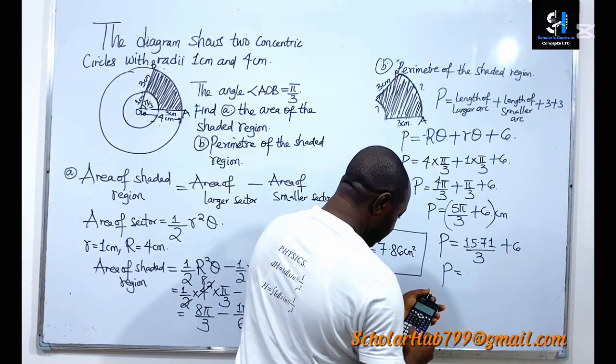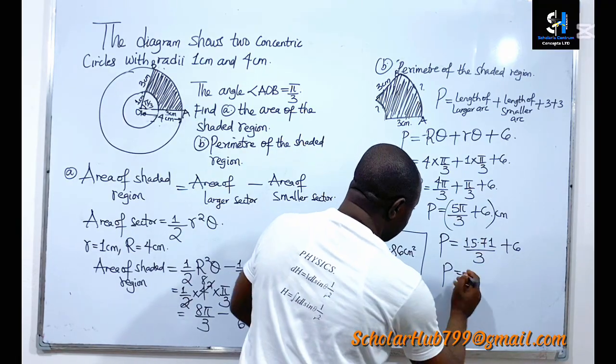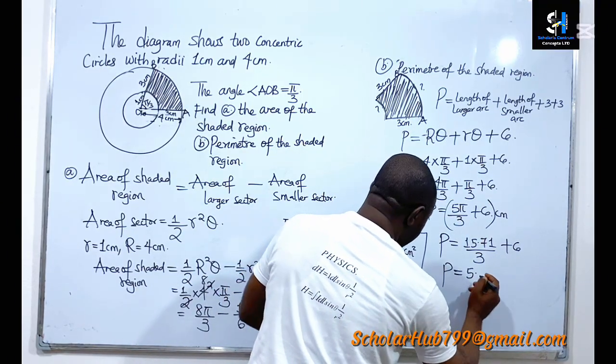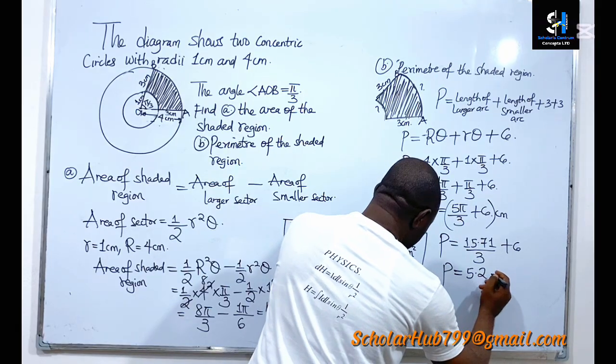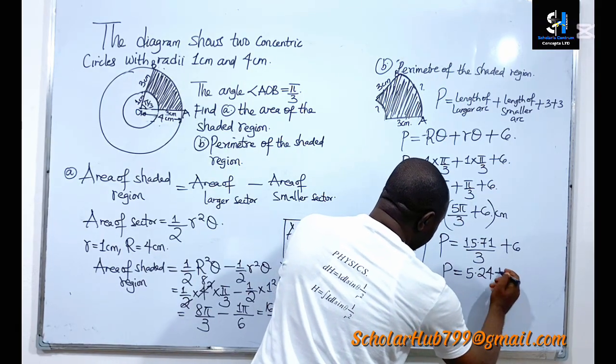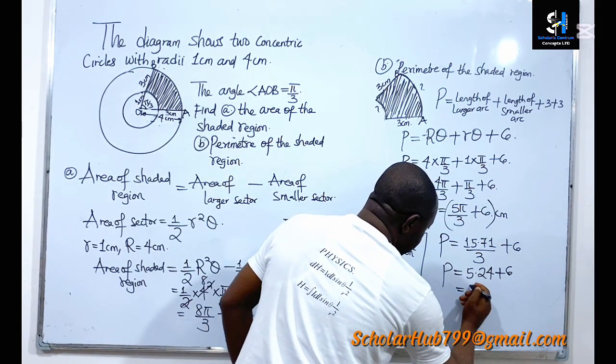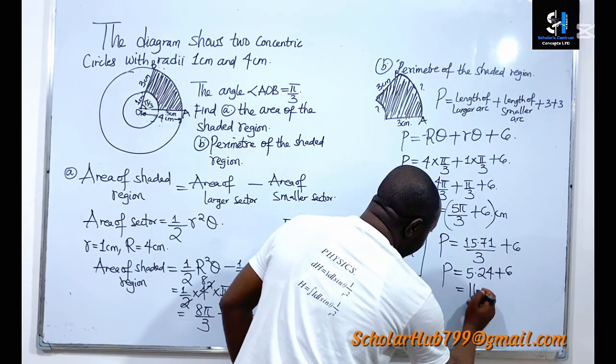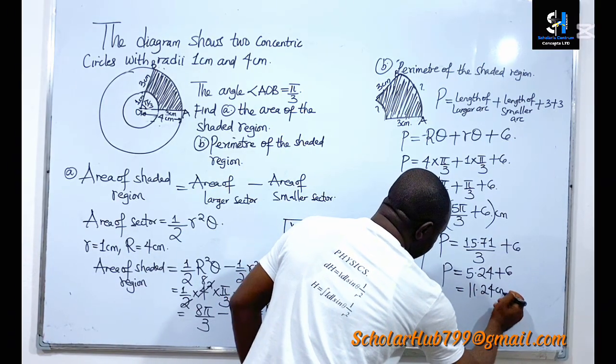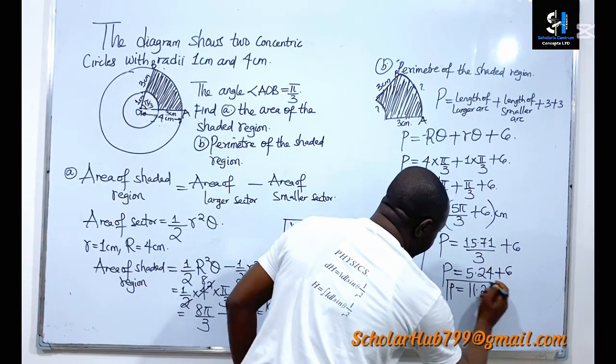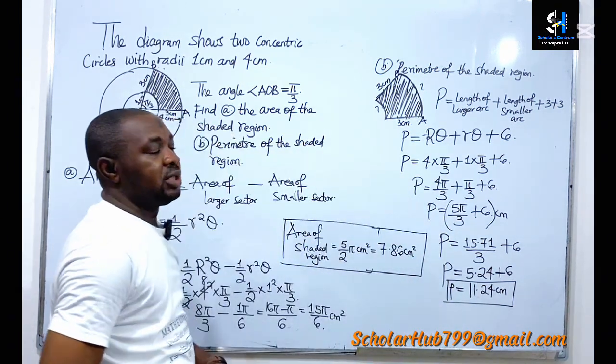When that is divided by 3, this will be equal to 5.24 plus 6, and this will be 11.24 centimeters. And this is the perimeter of the shaded region.